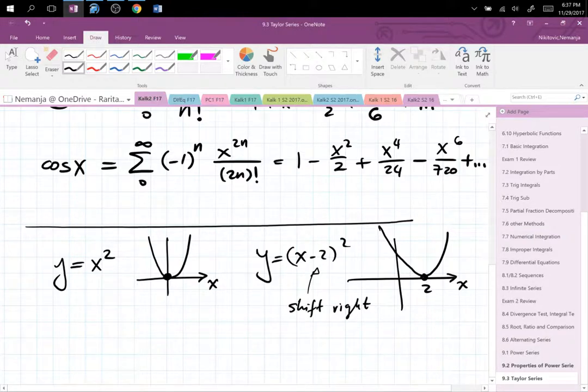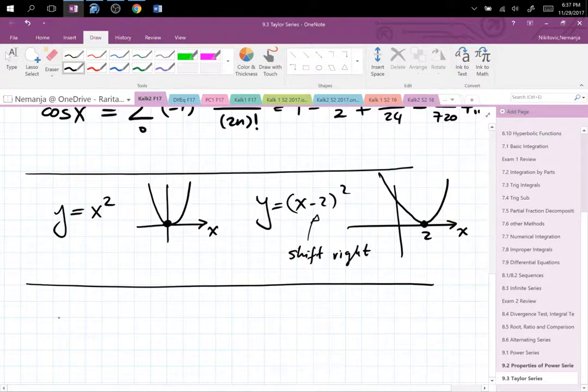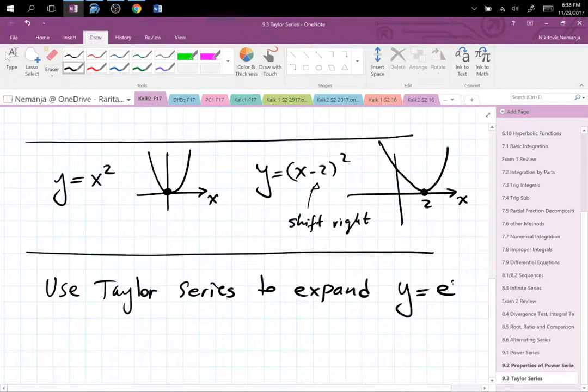So it is important to know how to deal with that a. Here is the example. We will use Taylor series to expand y equals e to the 3x around x equals, let's say, 5.